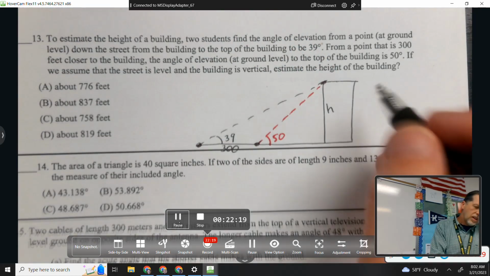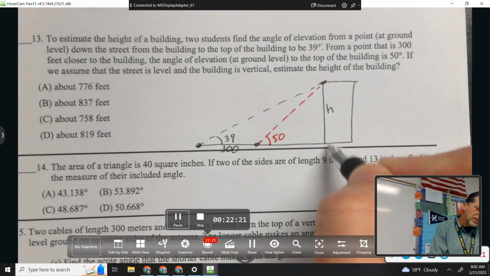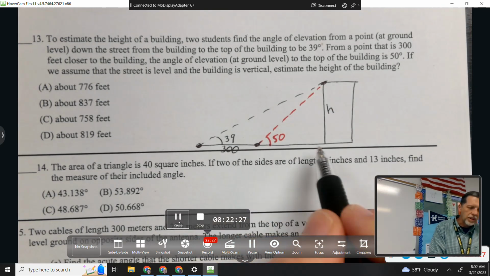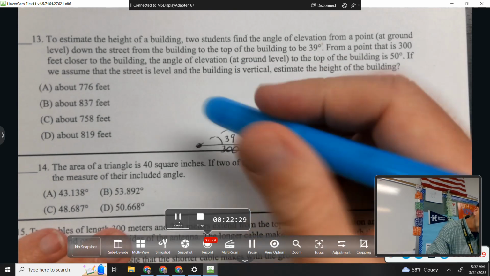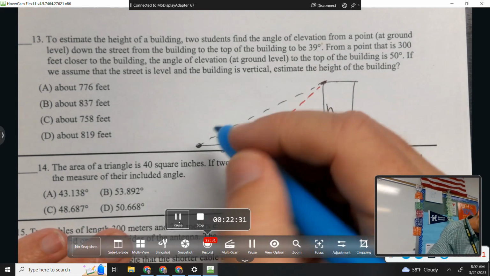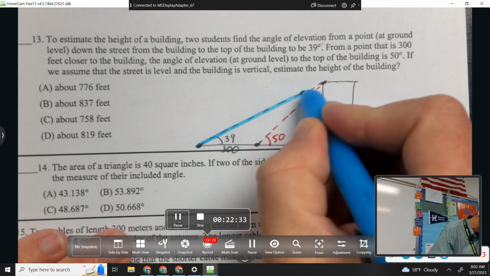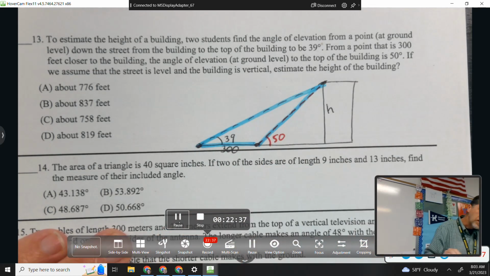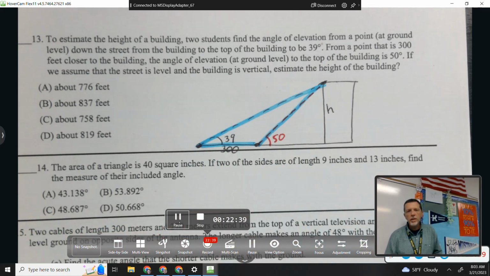If I look at the big triangle, I don't have a side length either because I've got 300, but that didn't. I think I've got to start with this triangle, and this may be a multi-step deal here because I know a length in that triangle, so I pretty much have to start with that triangle.